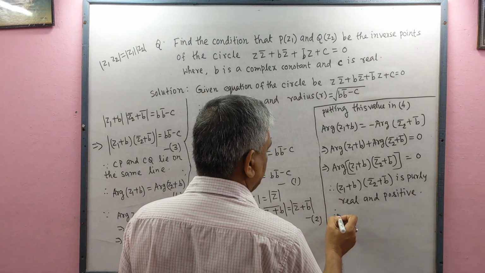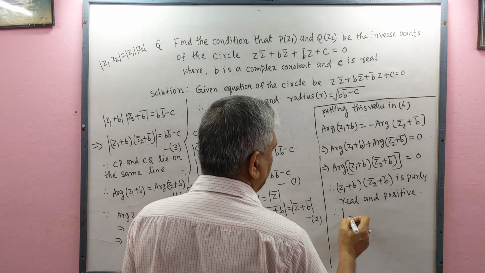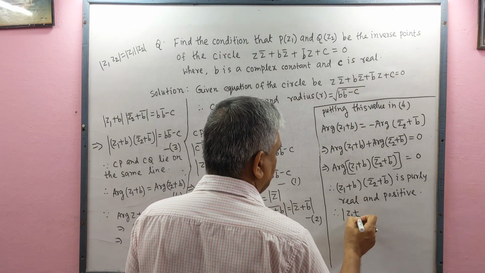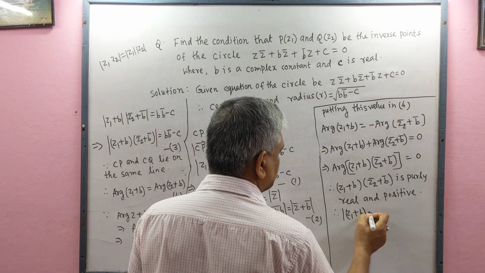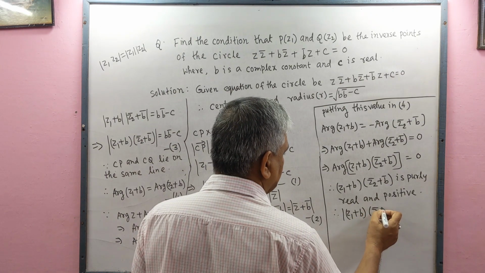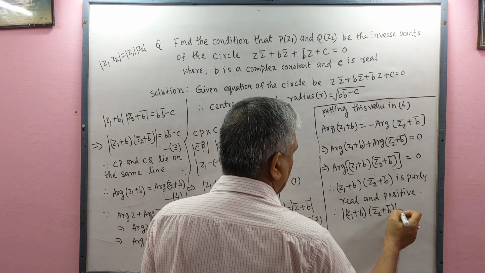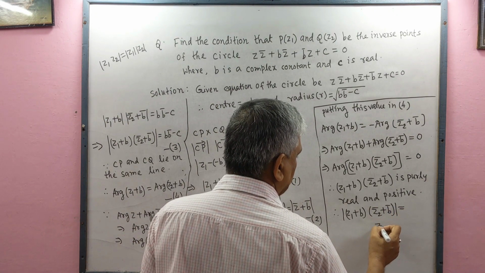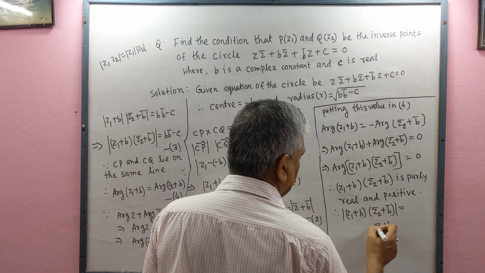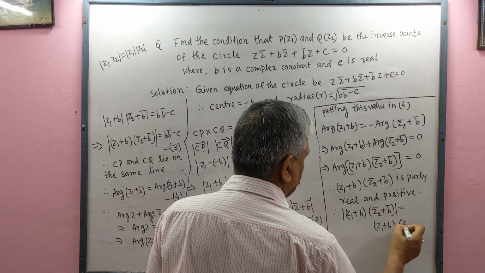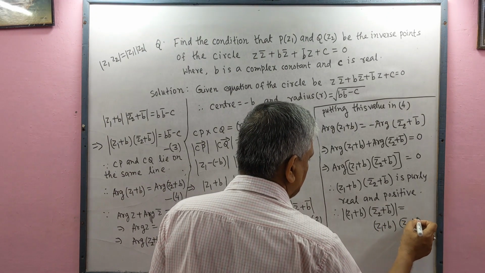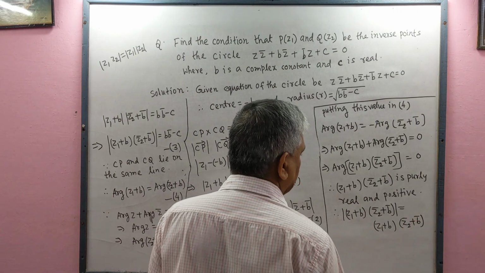Therefore, the modulus of Z1 plus B times Z2 bar plus B bar equals Z1 plus B times Z2 bar plus B bar.